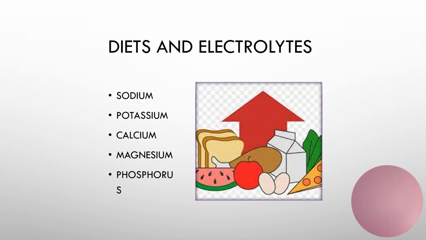So here's our diet and some of the foods that we can find high levels of these electrolytes in. Again, foods that are high in sodium include those processed foods, those canned foods. Now, canned fruit has minimal sodium in it. We're looking more at the vegetables.